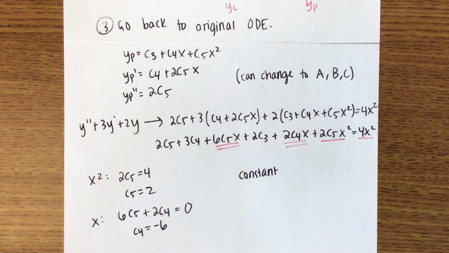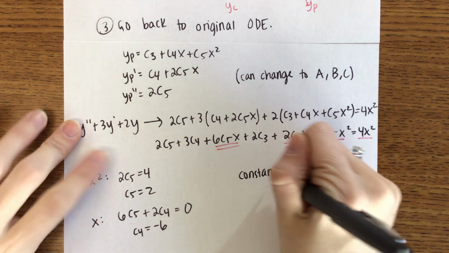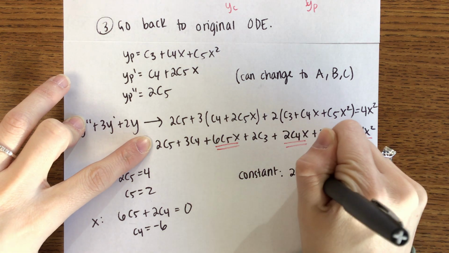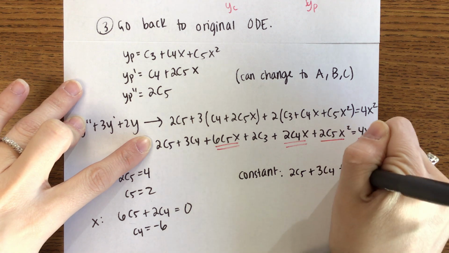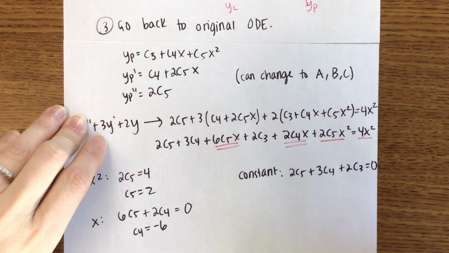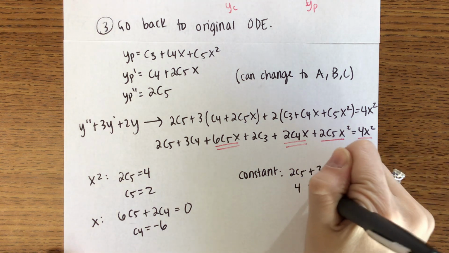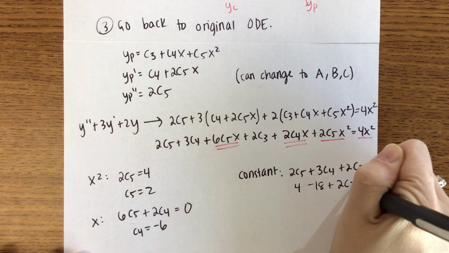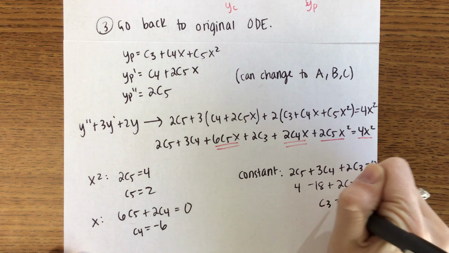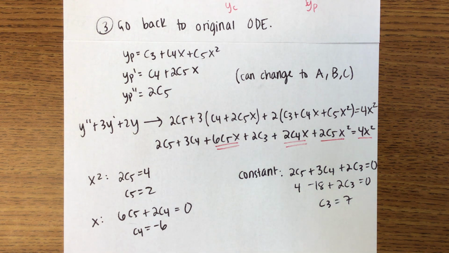Are we still good? Okay, constant, we get 2c5 plus 3c4 plus 2c3 equals 0. So this is 4 minus 18 plus 2c3 equals 0. Hence we get c3 equals 7.